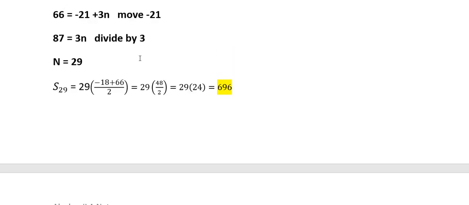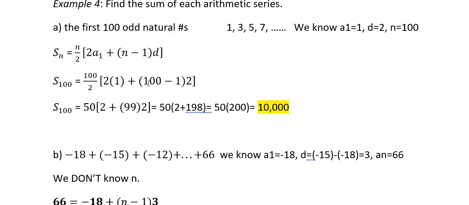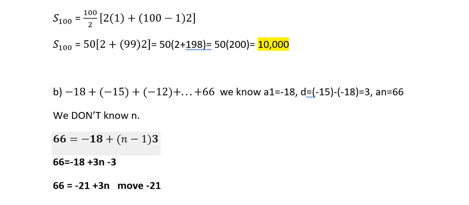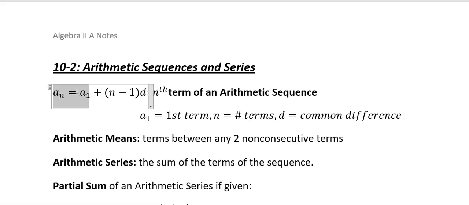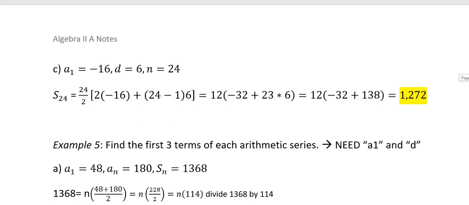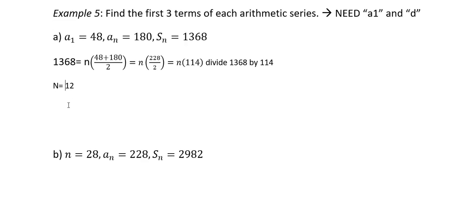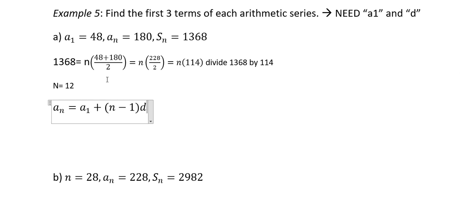So we've got to go back to our general equation, because we know a sub n, and we can use this equation to help us find d. It gives us a sub n, which is 180.